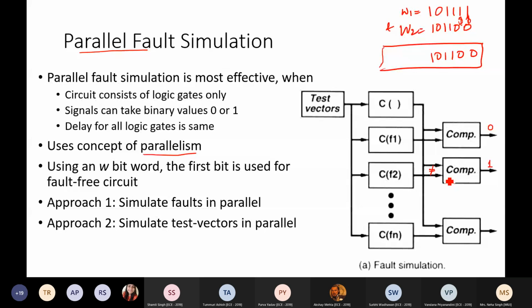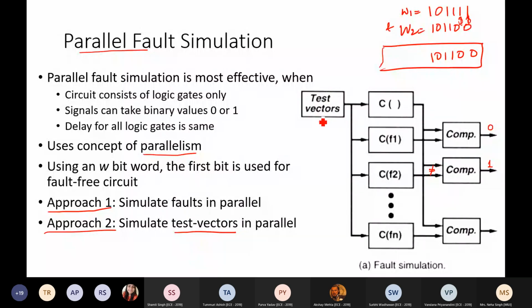But यहाँ पर भी we have two different possibilities. Possibility one, or the first approach, is we need to simulate the faults in parallel. For example, these different faults can be simulated in parallel. And the second approach is that instead of simulating faults in parallel, we simulate the test vectors in parallel.